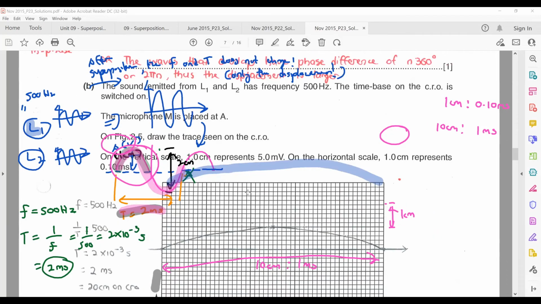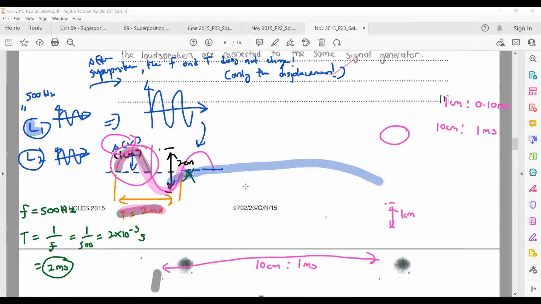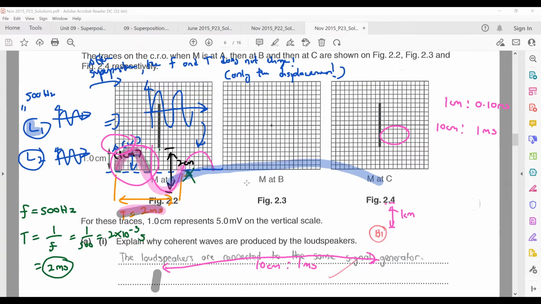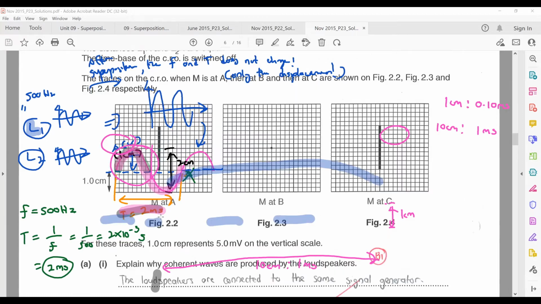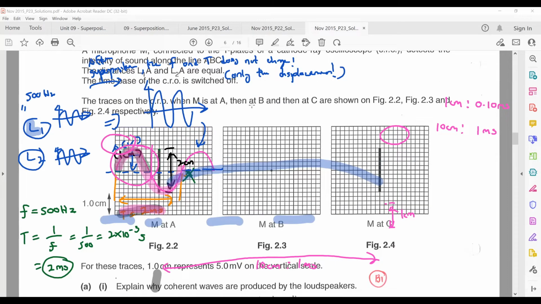Okay, so this one should be okay. Oh yeah, another thing I may have missed out: in your question on the previous page, they already mentioned 1 centimeter represents 5 millivolt on the vertical scale. So over here just now, I know that 1 centimeter is actually 5 millivolts.